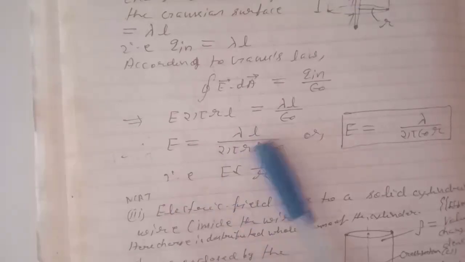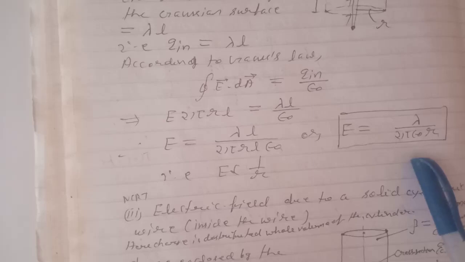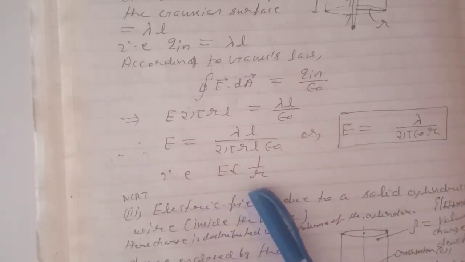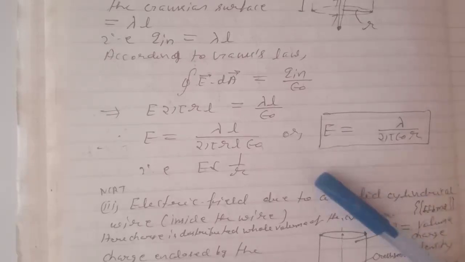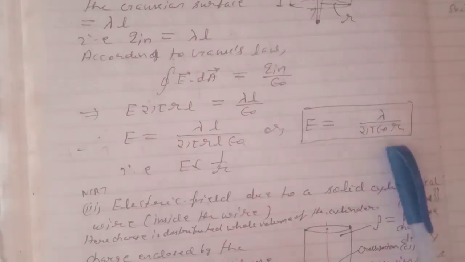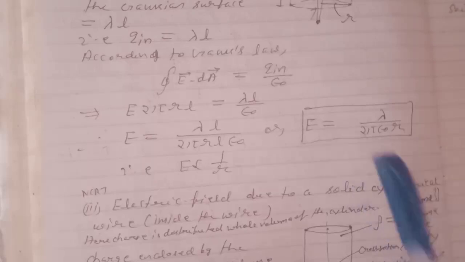Hence E equals lambda L by 2 pi r L epsilon naught, or E equals lambda by 2 pi epsilon naught r, that is, E is proportional to 1 by r. So the electric field due to a linear charge is given by this formula, lambda by 2 pi epsilon naught r, at a distance r from the line charge.